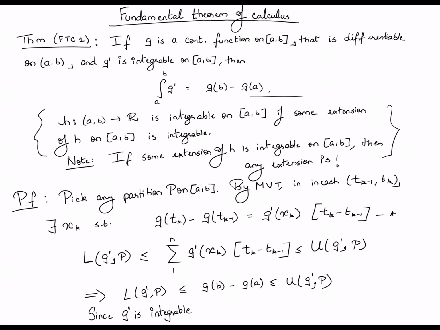And so if there is a number which always lies between these two, that must in fact be the value of the integral. So since g prime is integrable, g(b) minus g(a) must in fact be equal to the integral of g prime from a to b, right? And that completes the proof of the fundamental theorem of calculus 1.